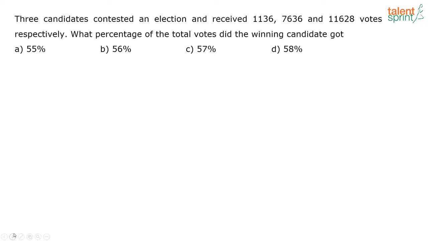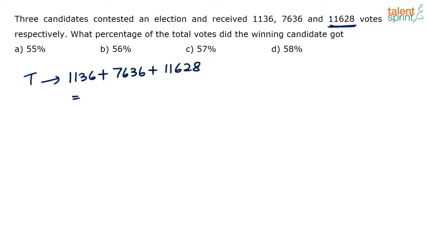So what are they asking you here? See, there are 3 candidates, and who is the winning candidate here? The candidate who has got 11628 votes, correct? So what percentage of the total votes did the winning candidate get? What is the total number of votes here? Total number of votes is nothing but 1136 plus 7636 plus 11628.